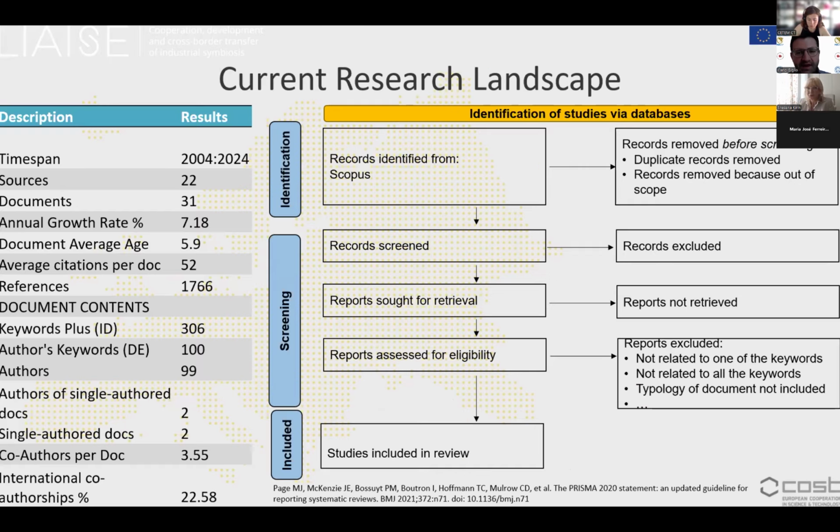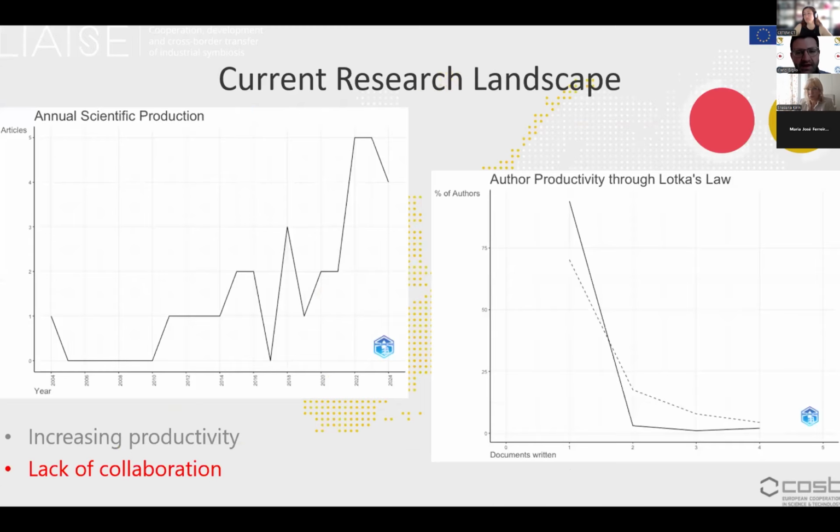Also, we find that among the most productive countries we have the United States and Italy, with Italy leading in the world, but that is not appearing in the collaboration network that we see at the bottom of this slide, because Italian researchers are mainly working alone, not collaborating with researchers from other countries.